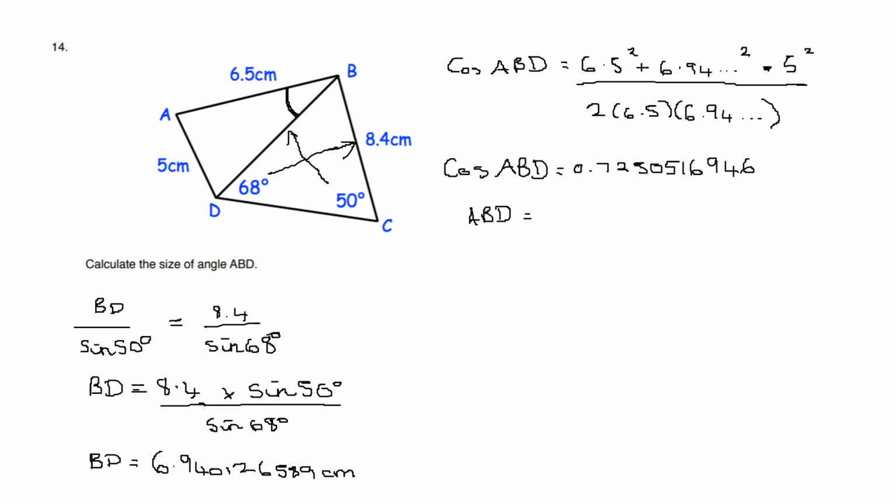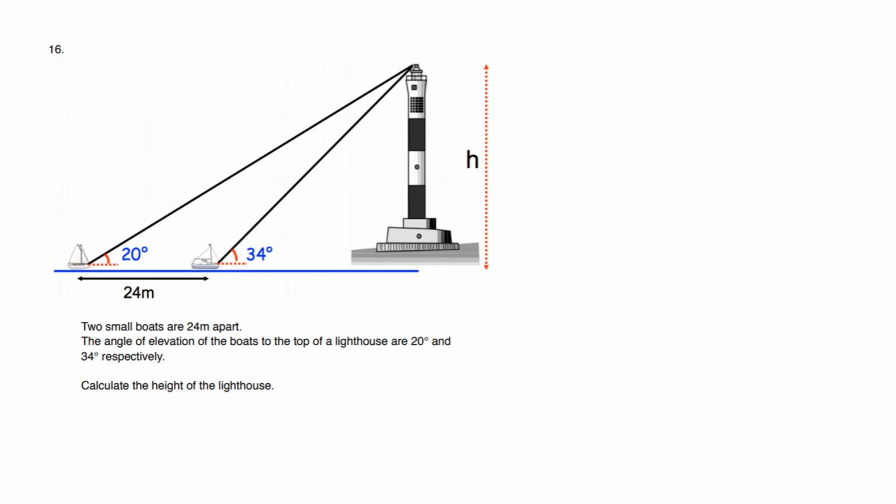So we're going to do ABD is equal to cos to the minus 1 of that number from above. So ABD is equal to 43.5 degrees to three significant figures.